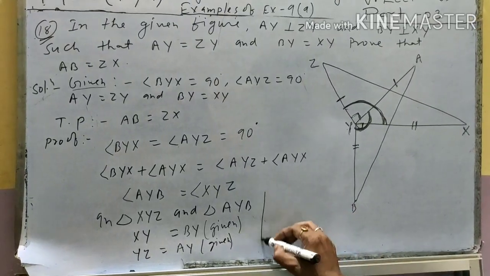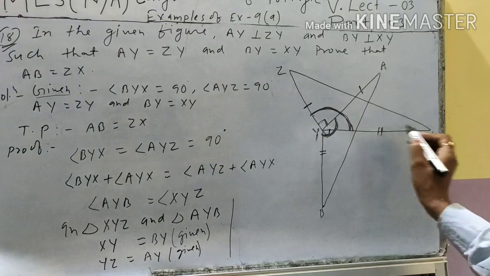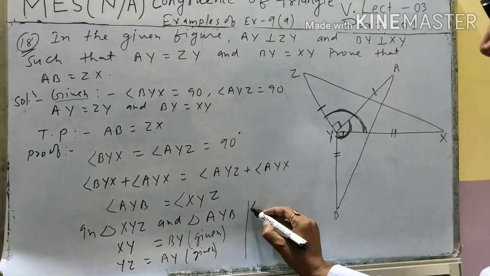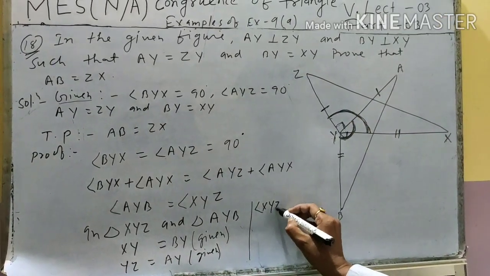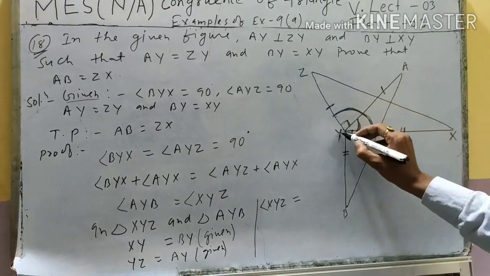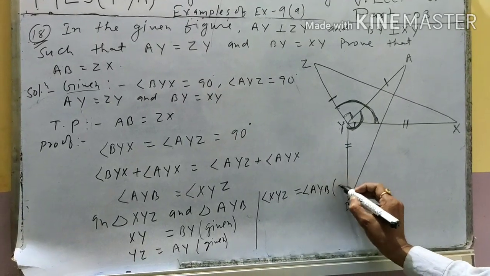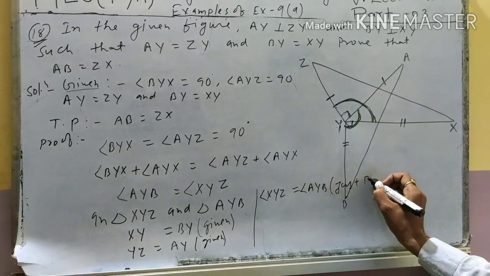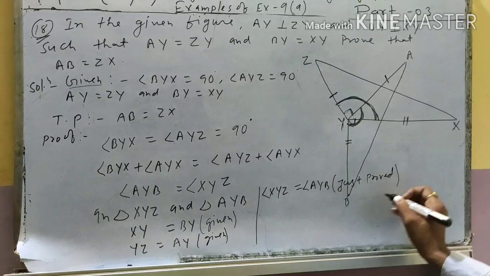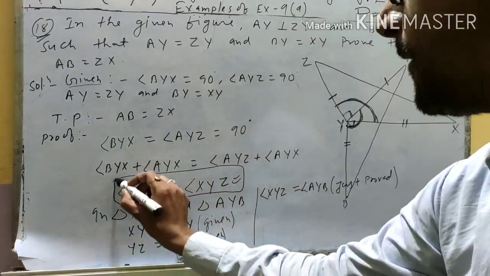And the third thing is angle XYZ is equal to angle AYB, just proved. Look here.